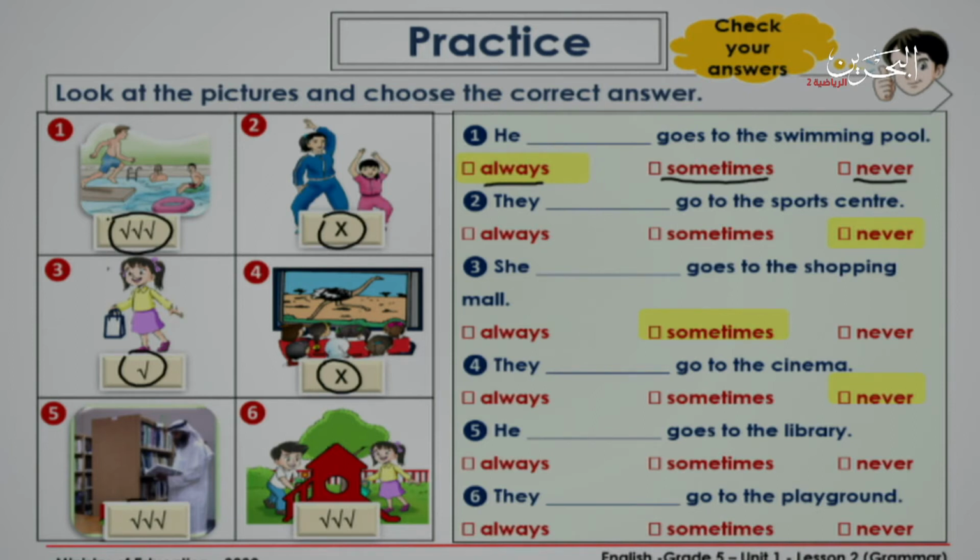You have 3 ticks. He, what's your answer? Always goes to the library. Very good. And the last one, you have 3 ticks as well. So they always go to the playground. You did a great job.